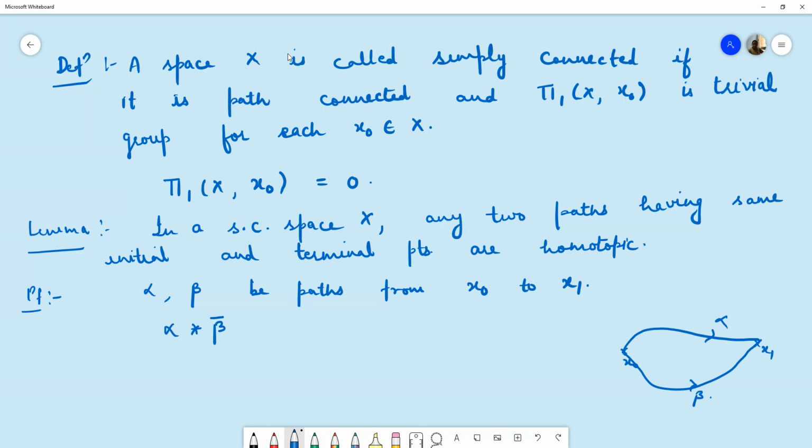End point of alpha is x1 and the starting point of beta bar is also x1. So this product is well defined. And this is a loop because the starting point of this path is x0 and the ending point is also x0. So this is a loop at point x0.